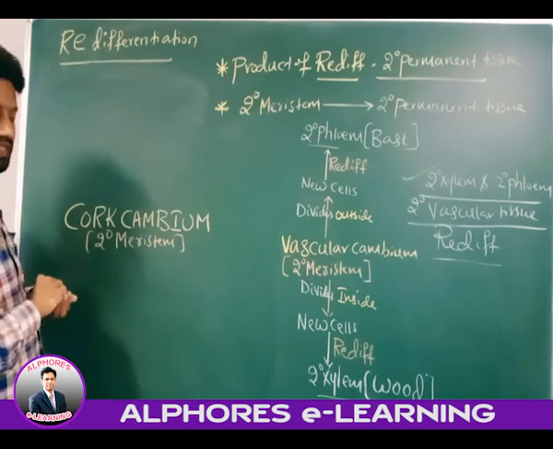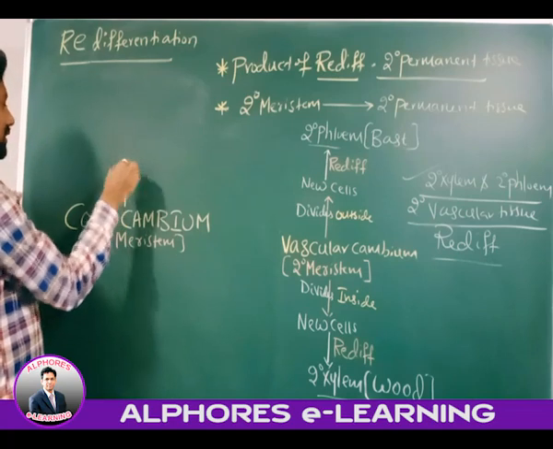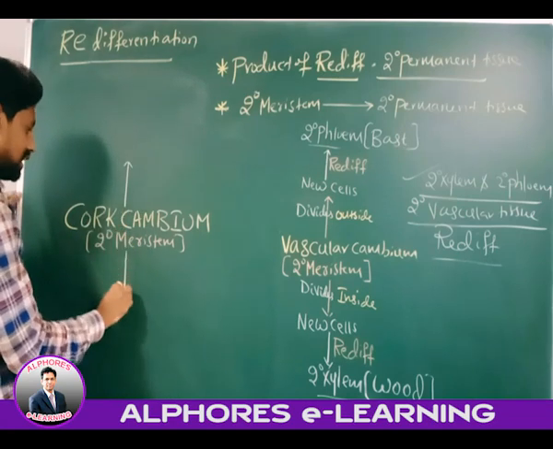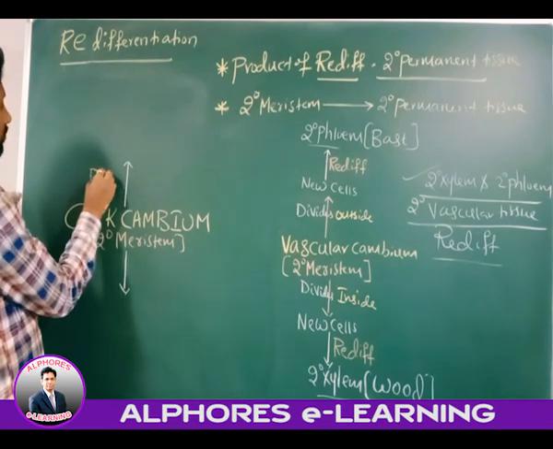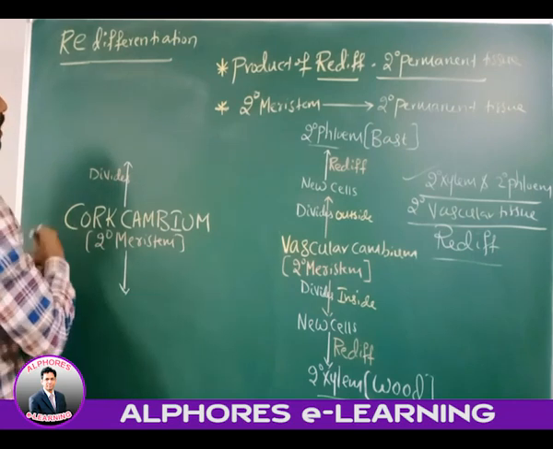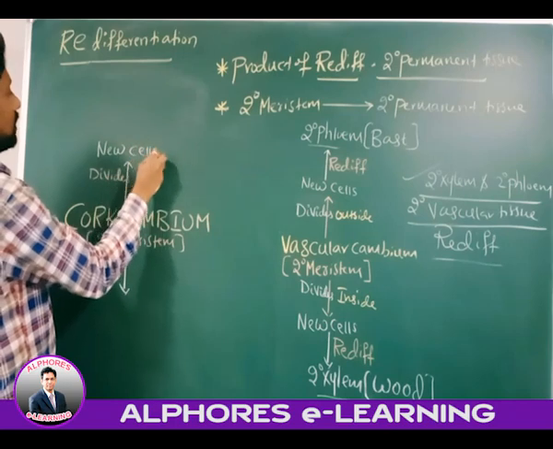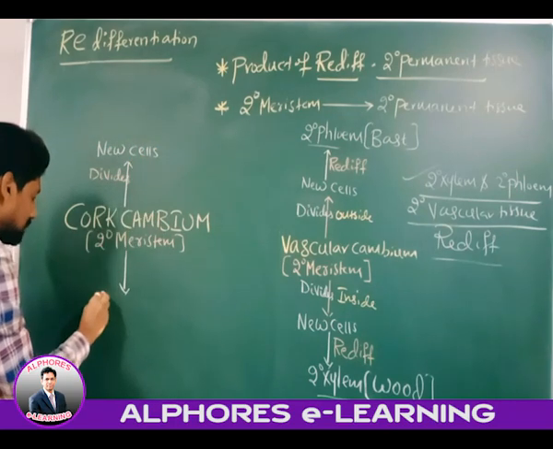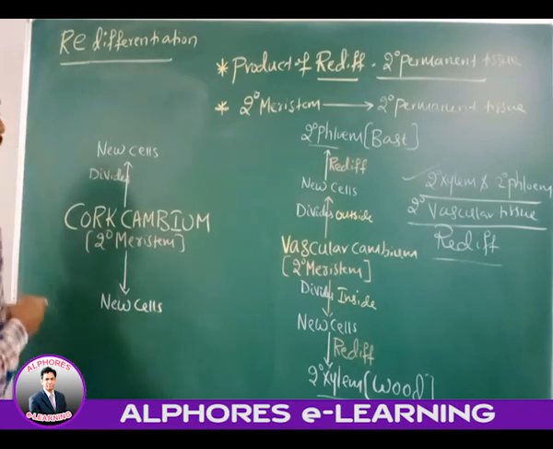Sir, when cork cambium divides, what are produced? New cells are produced.